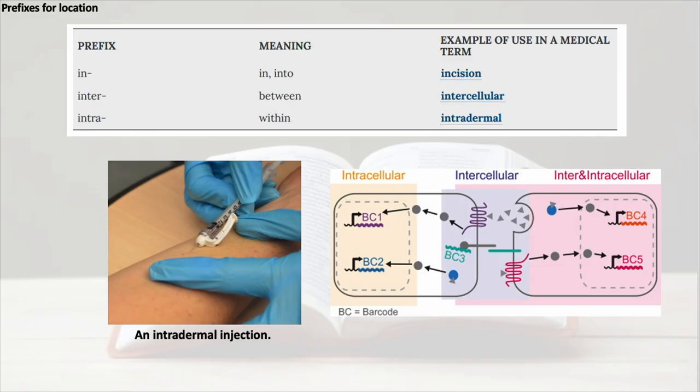Intra can also be used in other contexts, such as for an intradermal injection. So again, intra meaning within or inside, dermal pertaining to the skin. So an intradermal injection is an injection into the layers of the skin rather than deep into the layers of the skin.